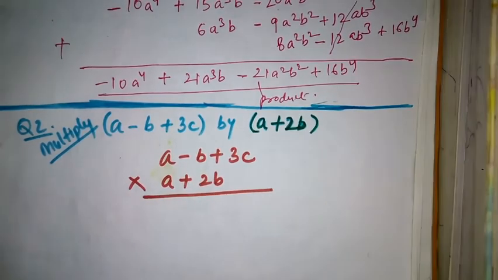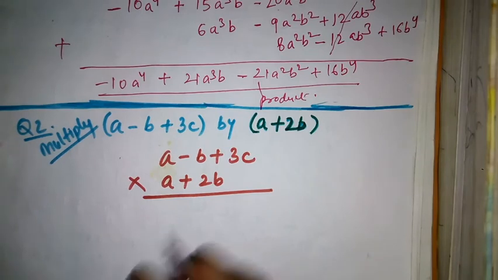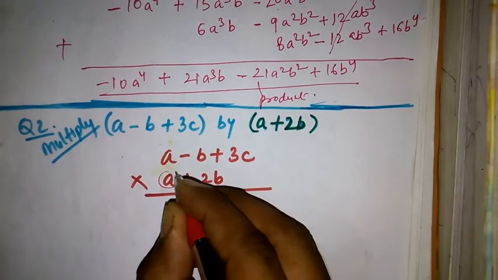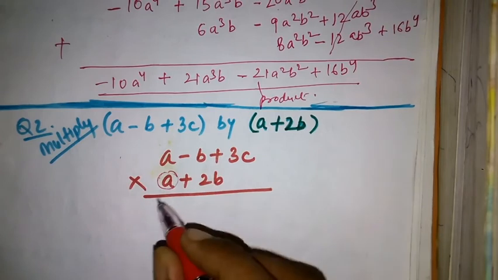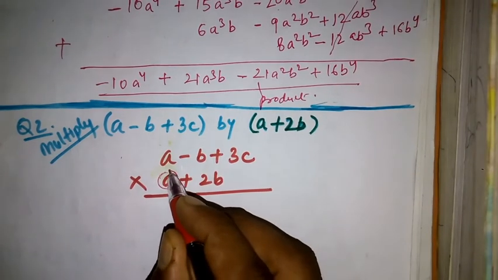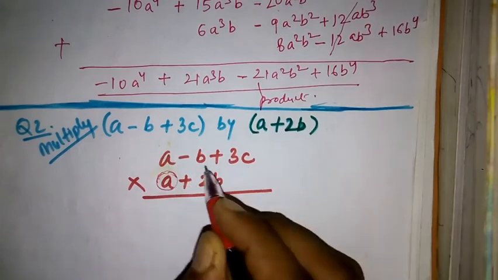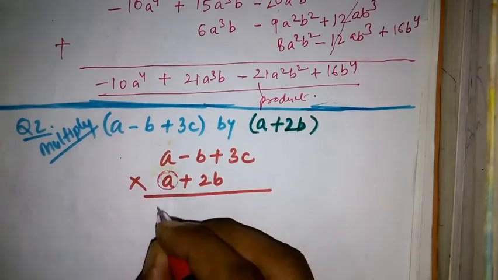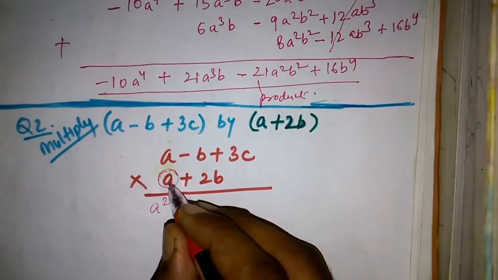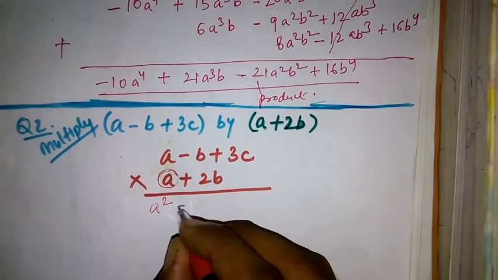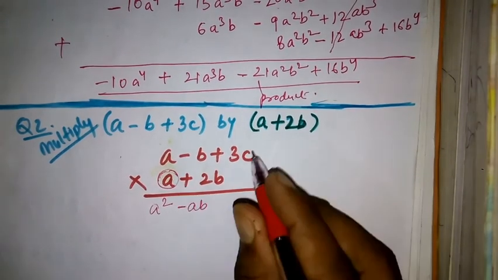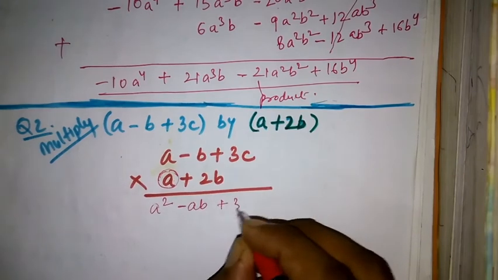Our multiplication starts from the left bottom term. First we will multiply this 2b with all the terms of the given trinomial.